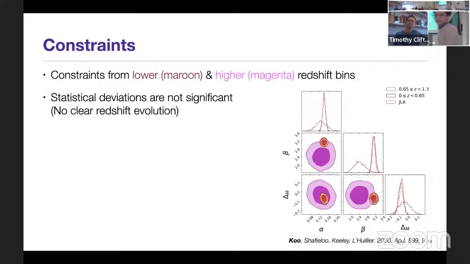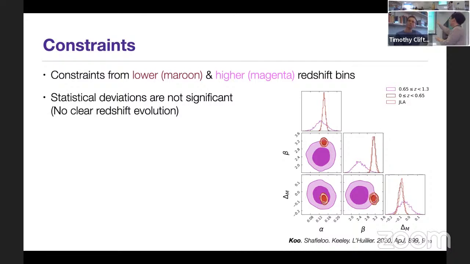And then I divided the JLA data into two redshift bins with equal sizes, and I showed the contours for the three hyperparameters, except the large MU, which shows a uniform distribution for the model independent reconstruction.